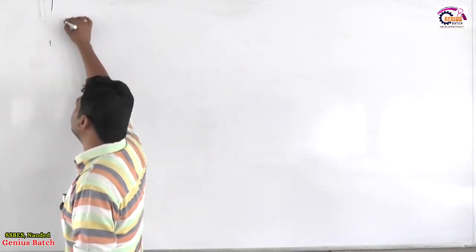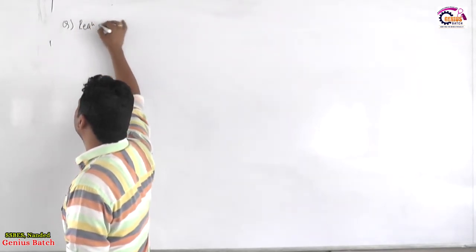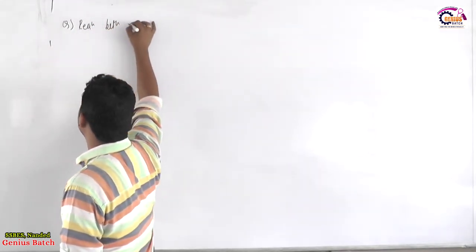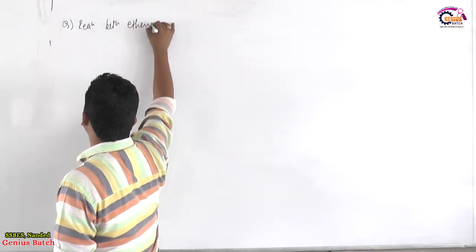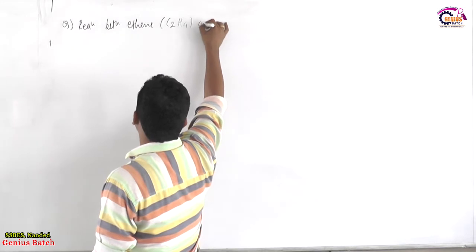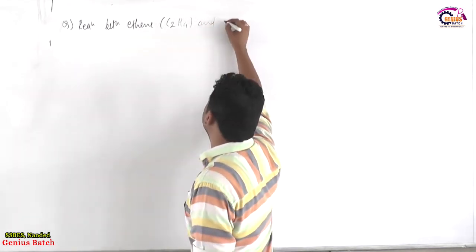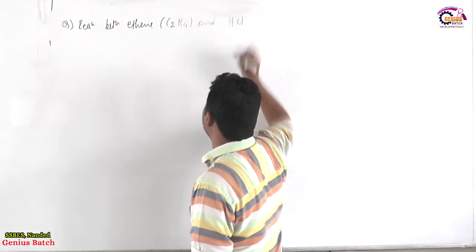Now suppose the question is: a reaction between ethene, composition C2H4, and HCl, hydrochloric acid.